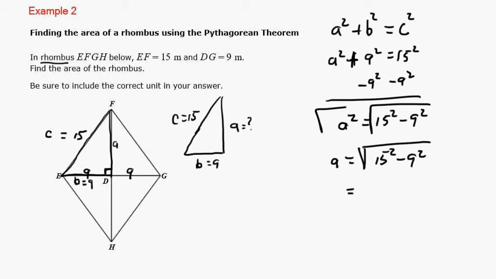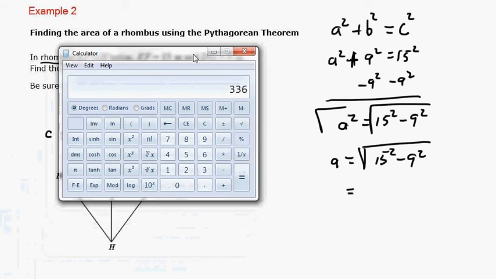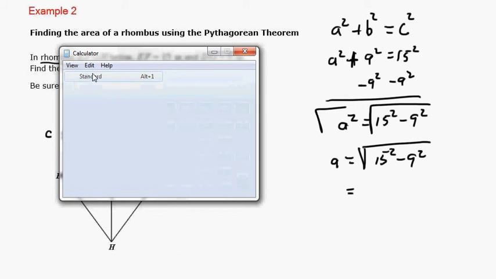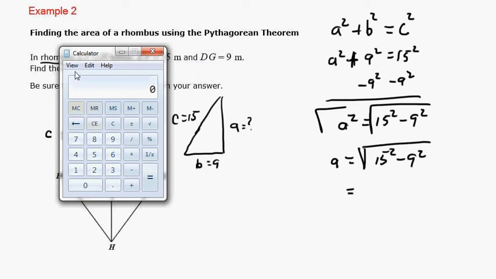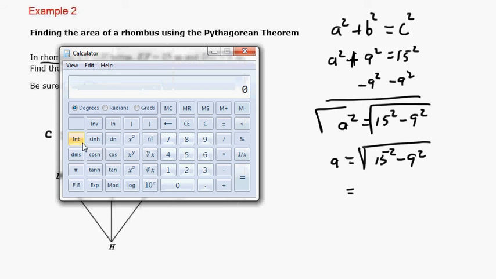Now, this is kind of cool: if I can't use standard mode for the calculator, it won't really work, but if I use scientific mode, here's what I can do. I can say 15 squared minus 9 squared equals, and then I just take the square root, it's 12.